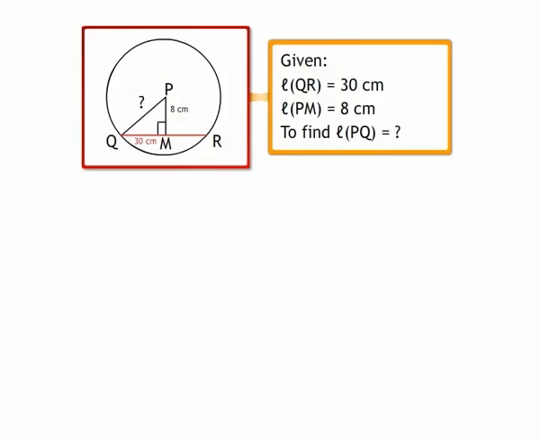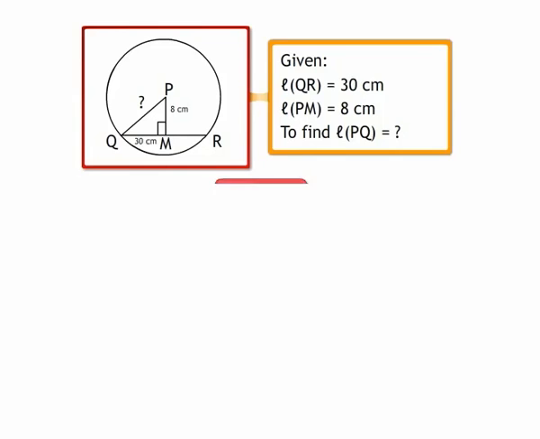Its distance from the center is 8 centimeters. So we will draw segment PM perpendicular to segment QR at point M to show the distance, and length of segment PM is equal to 8 centimeters. Therefore, we have to find the length of radius PQ.